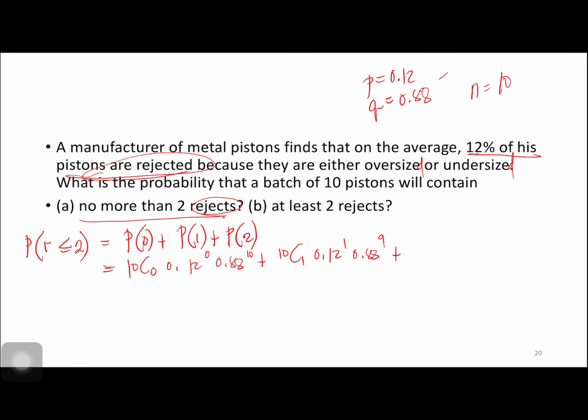We have there 10C2 times 0.12 raised to 2 times 0.88 raised to 8. Okay? So, we have there 10C0 times 0.12 raised to 0 times 0.88 raised to 10. We have 0.2785 for the P of 1.